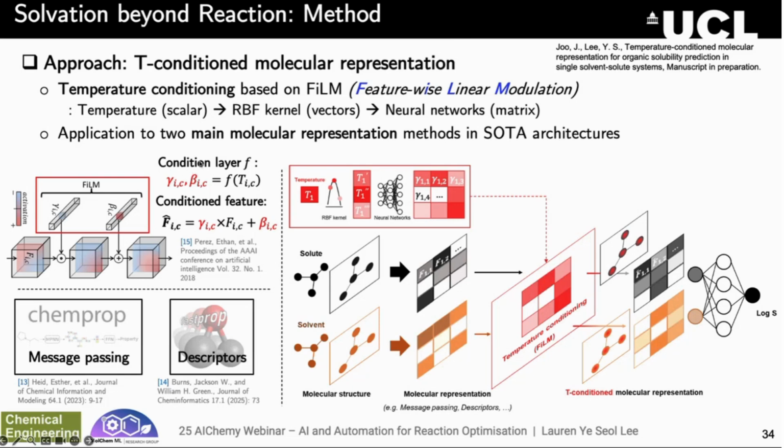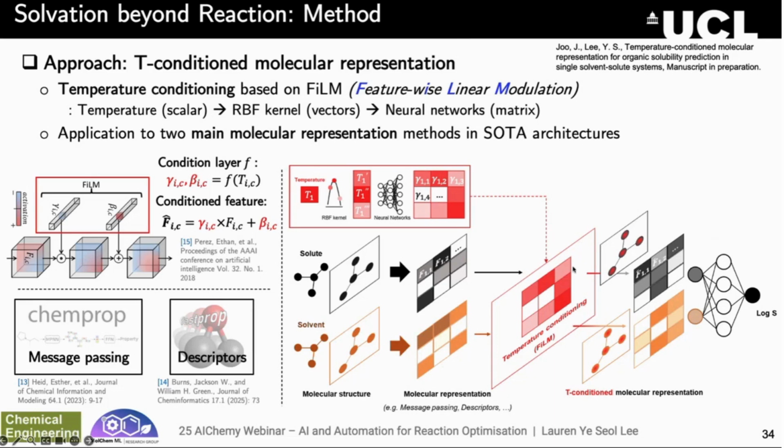These gamma and beta values modulate the latent representation, essentially telling the model how the solute and solvent features should change with temperature. By conditioning these learned or fixed features, we obtain a temperature-conditioned molecular representation that the final network uses to predict solubility.